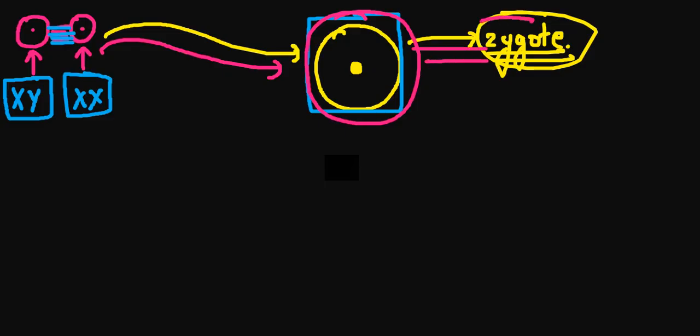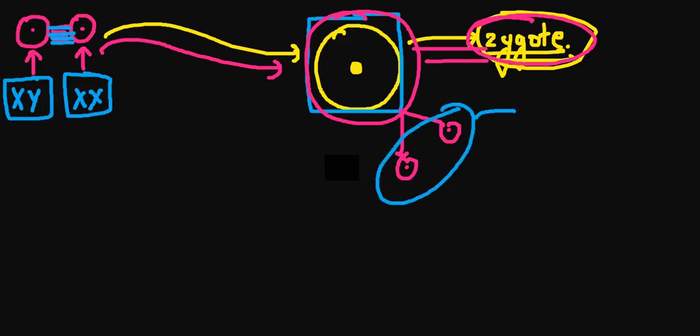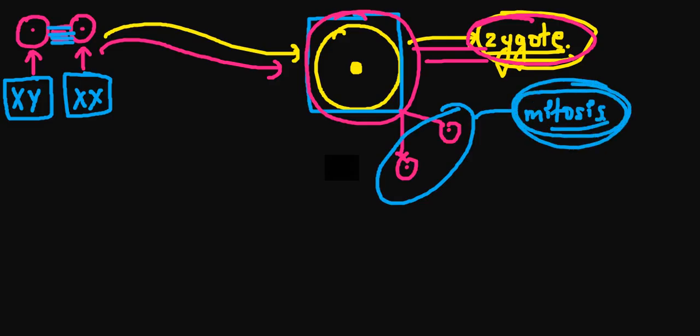Now this single cell will start dividing, splitting into two, and this process is called mitosis. There is one more thing, meiosis, but that is not a concern right now, because mitosis you might find in the examination. So mitosis is important: it signifies a cell dividing into two.